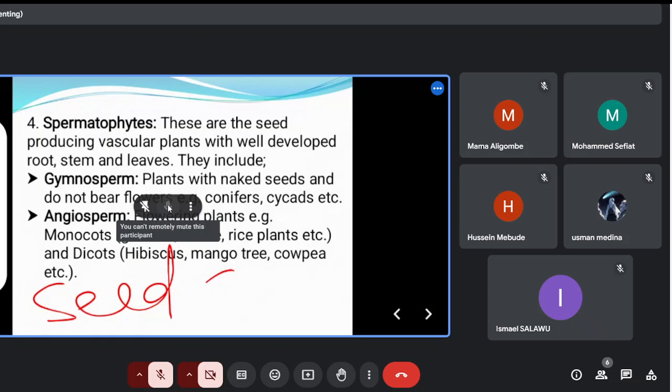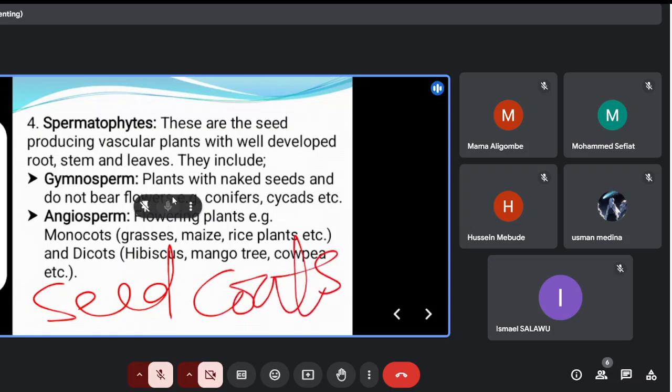Enclosed in a seed coat. And because scientists are scientists, taxonomists, they still find a way to group them into classes. They further classify the angiosperm into two classes. These are the classes we are most familiar with: the monocotyledonous and the dicotyledonous. Those are the two classes of angiosperm: the monocot and dicot.